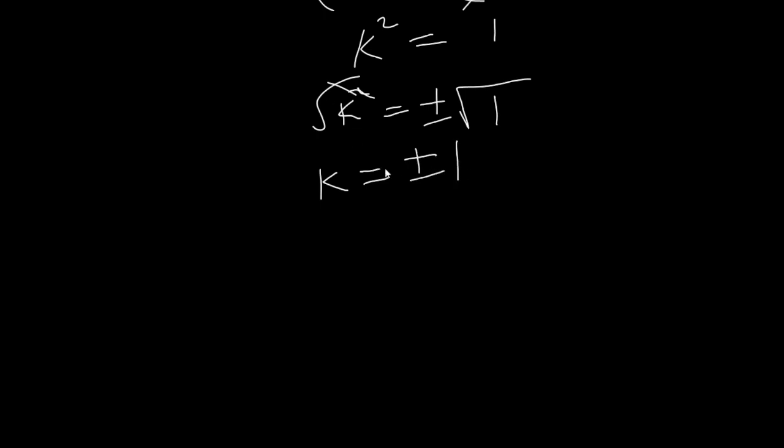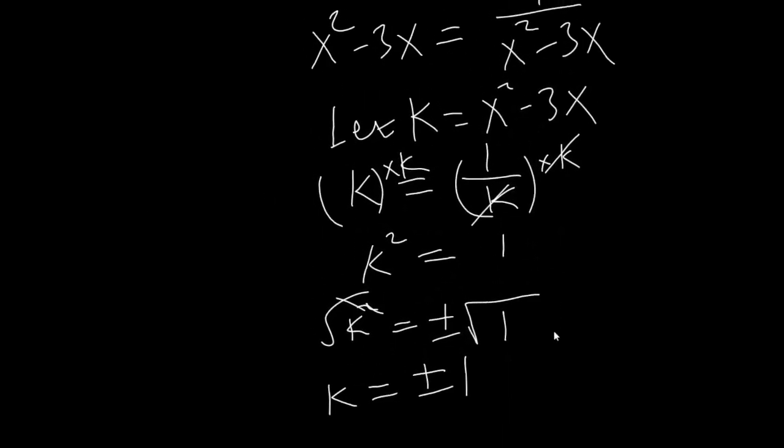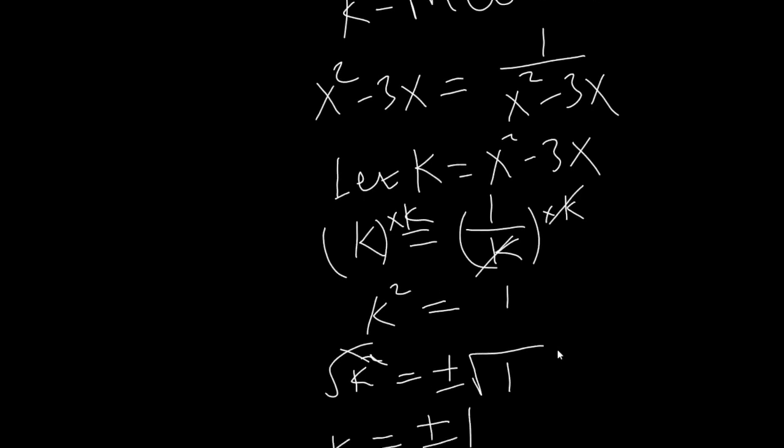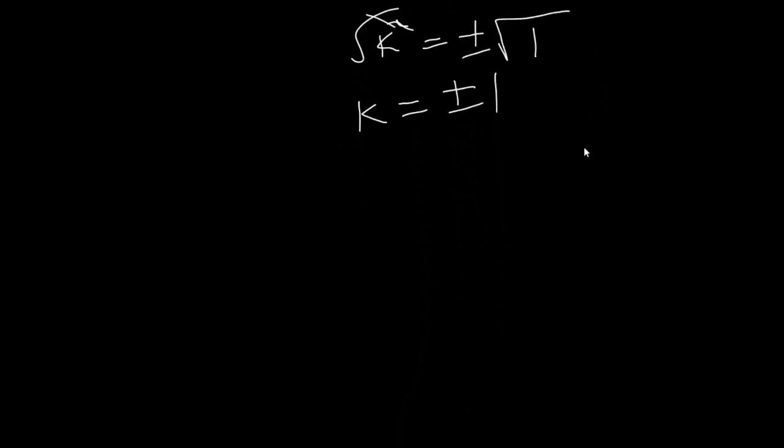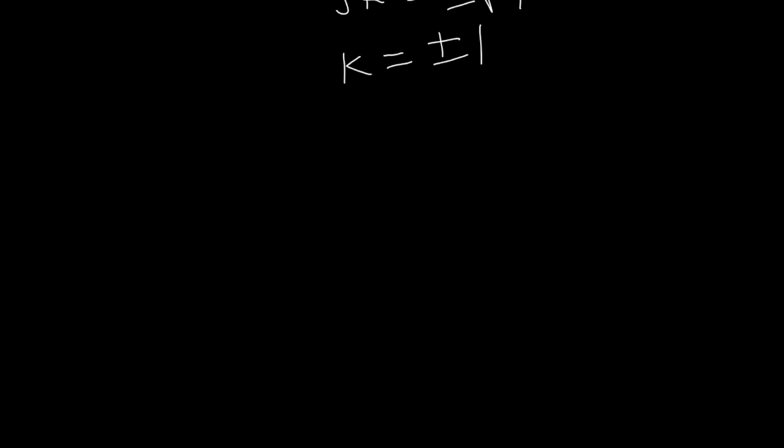So guys, we are not solving for K, but we are just using the K method to escape the complication. So don't forget to substitute back the original, that is x squared minus 3x. We are solving for x, so x squared minus 3x is equal to plus or minus 1.